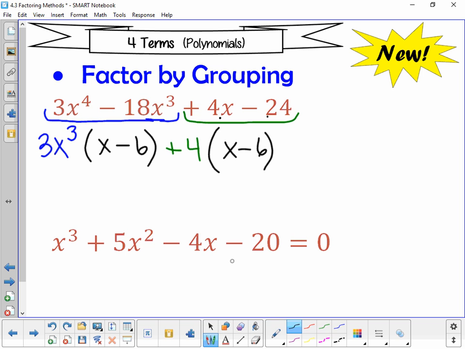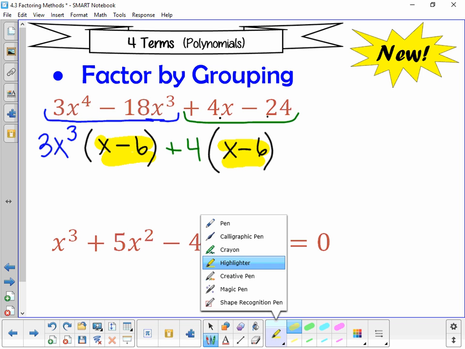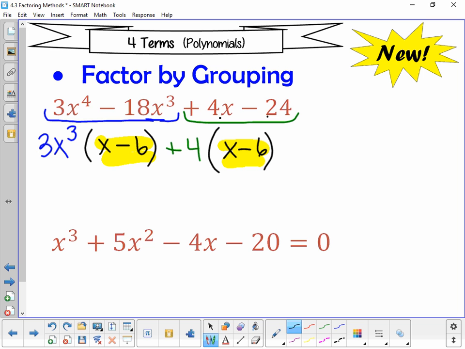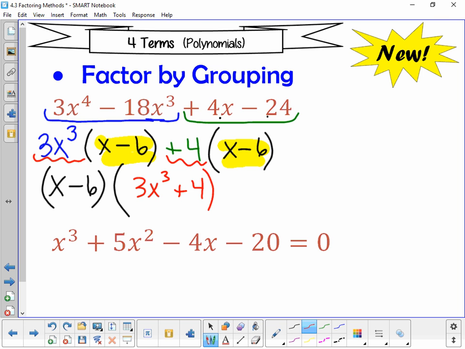I notice, hey, these two are the same. That's a common factor for those two terms now. We can factor that all the way out of everything. And what that leaves behind in the first slot is a 3x to the third. And over here, I'm left with the plus 4. And I'm done.